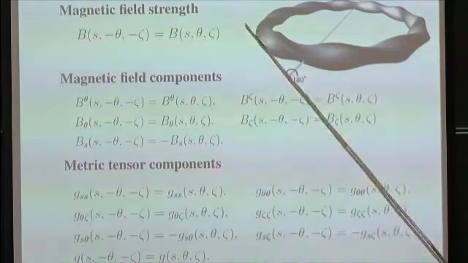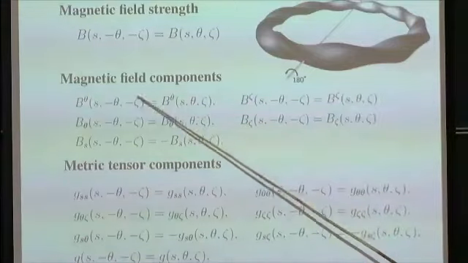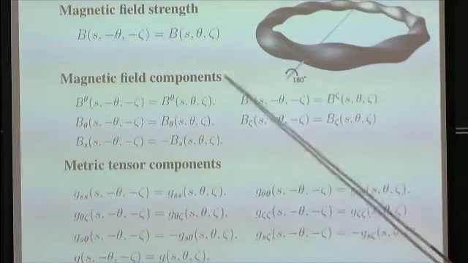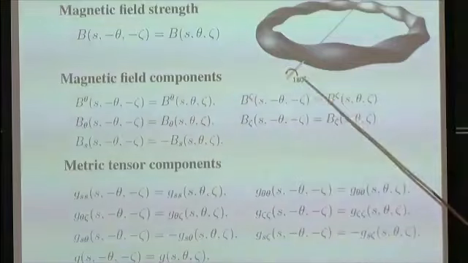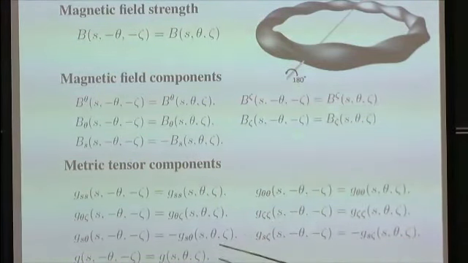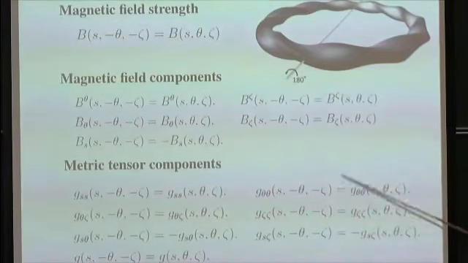Also, if we keep looking at this system, we note these parities. Some of the magnetic field components have even parity, and the radial component has odd parity. The metric tensor components also have these parities.